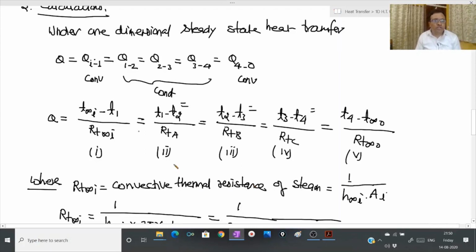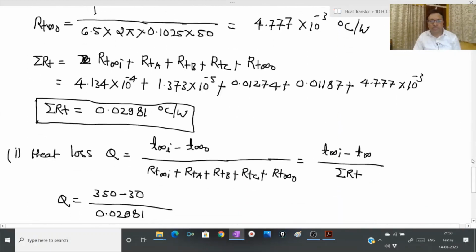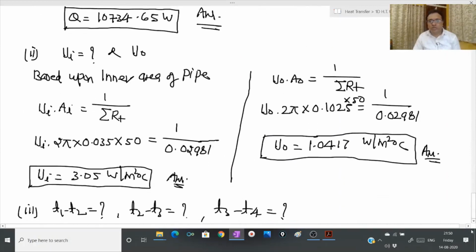So if I individually recall rate of heat transfer equation, that means if I individually recall equation number 2, equation number 3 and equation number 4, I am able to calculate these temperature drops because I know the value of RTA, RTB, RTC, and I know the value of Q. So only unknown will be temperature drop across the surface. So let us do one by one.